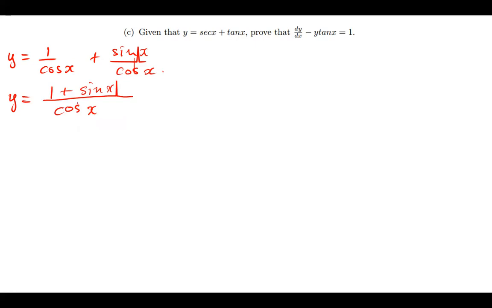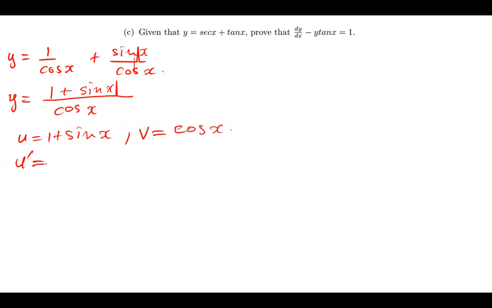So let me even now use the quotient rule step by step, so that even those that were not there can understand what I was doing. Okay, so according to the quotient rule, the numerator is the one that we get as our u. So we say u is equal to 1 plus sine x, and then the denominator is going to be our v, which is just cos x.